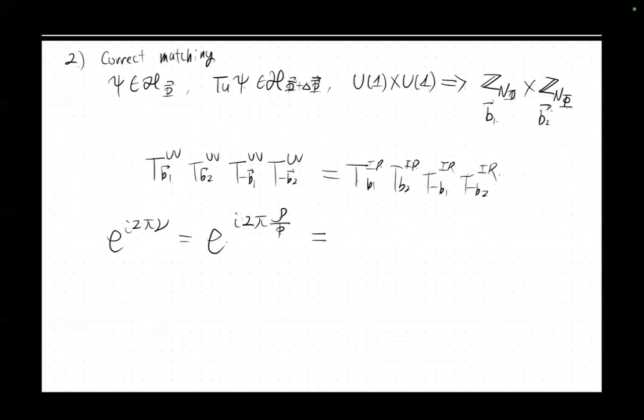On the right-hand side, on the other hand, what we get is e to the i 2 pi beta over EB.